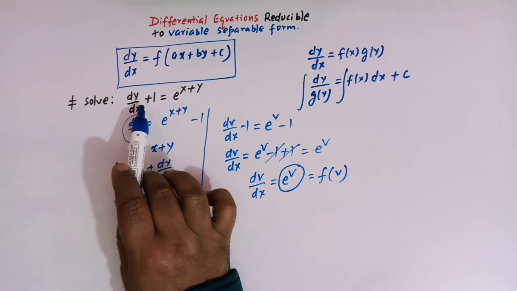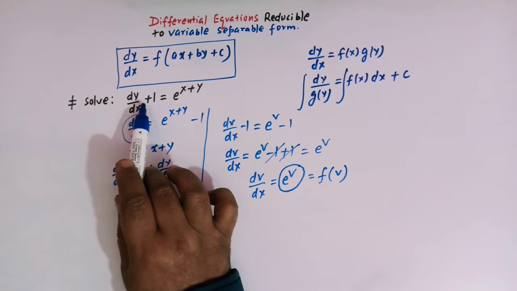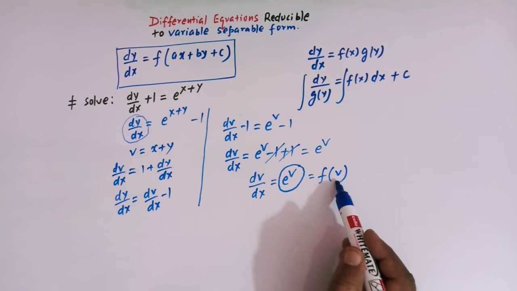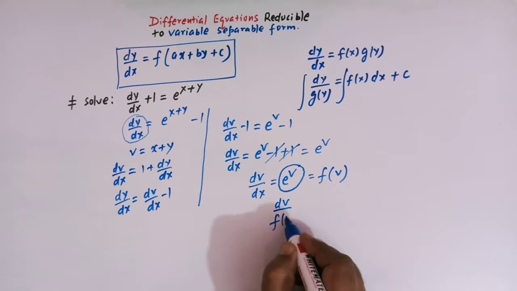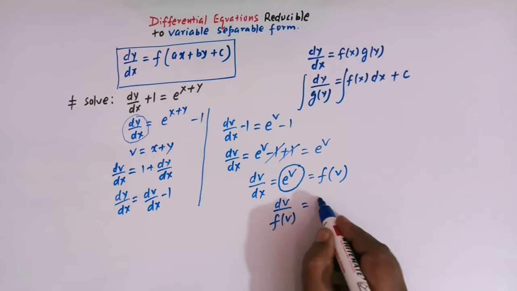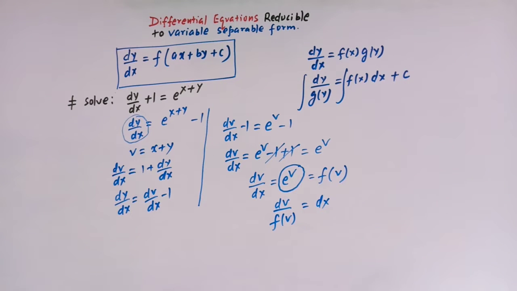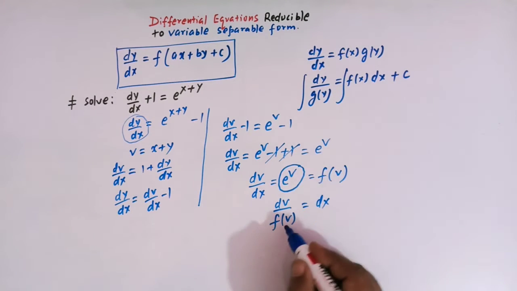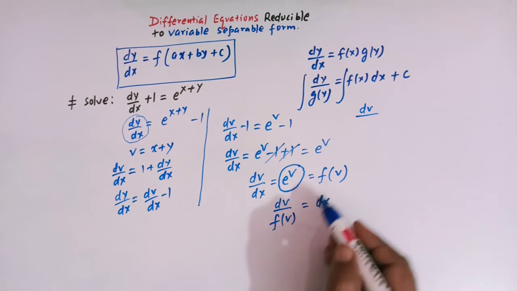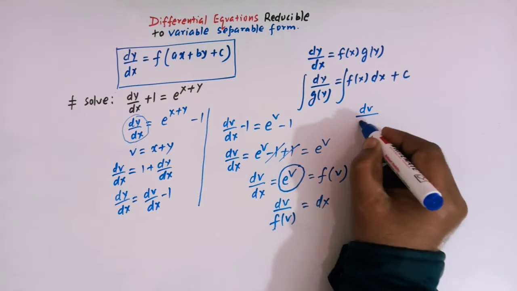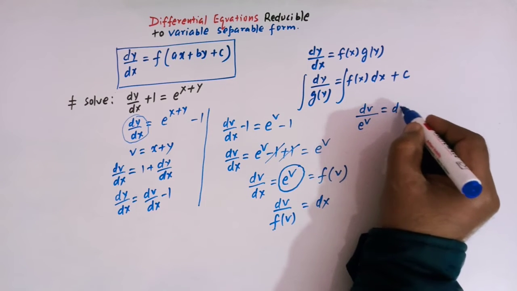And we have now reduced this equation to the variable separable form, right? Because see, we can write dv over f of v is equal to dx, right? Now we can write this equation as dv over f of v, where f of v is e raised to v, and here we have dx.